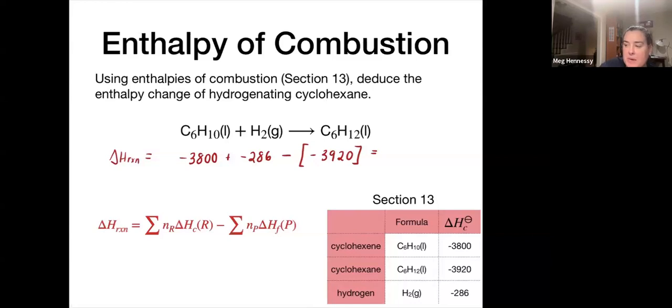I know it's a reactants minus products problem because that's how the table works. Hopefully, you're going to agree that the delta H for this reaction is negative 166 kilojoules per mole. So best case scenario, they say, go to section 13 and solve this problem. And you say, of course.